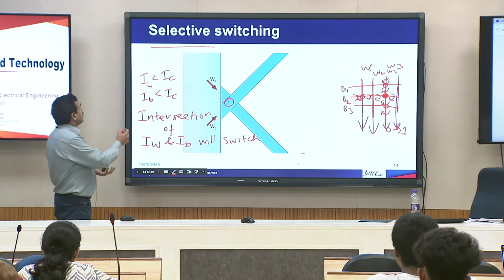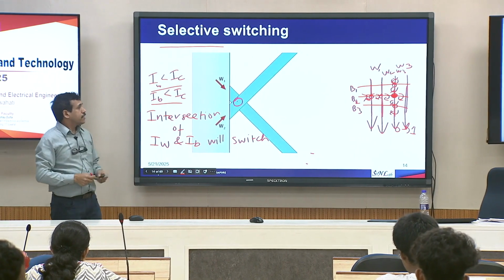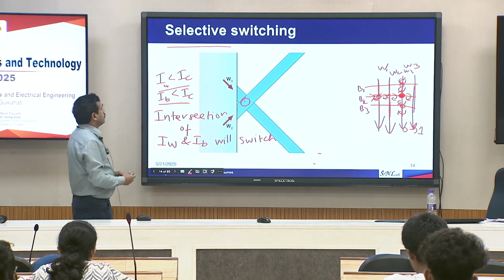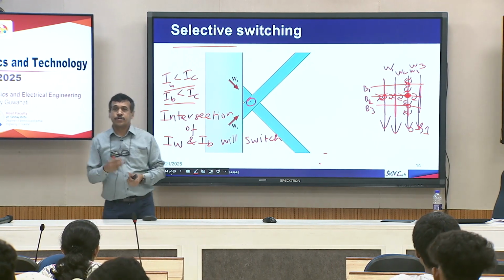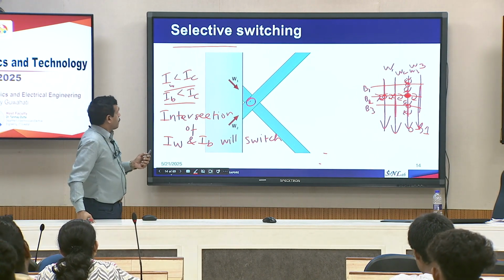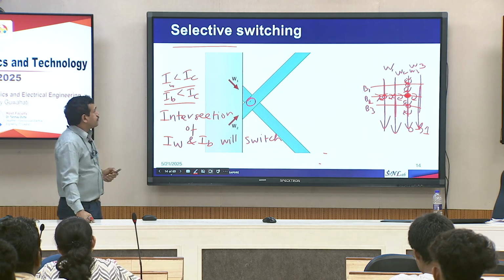But the current we send is not enough to switch any MTJ. Current in any single wire is not enough to switch any MTJ, but only when you have two orthogonal magnetic fields can you switch the MTJ. So, this is the mechanism.